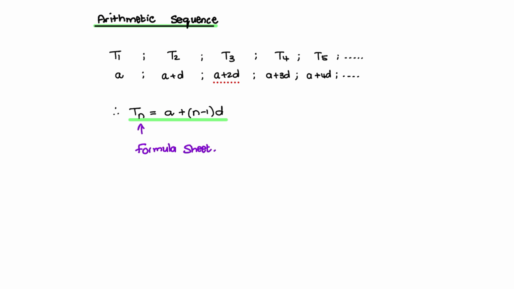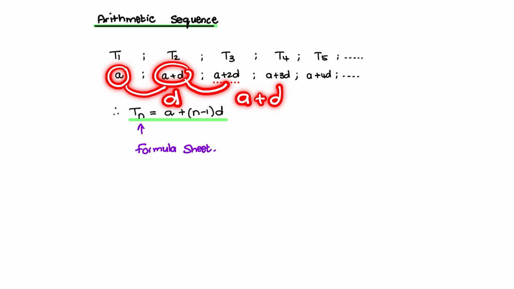But let's see, how do we move from term 1 to the second term? From 1 to 2, we have added D, the constant difference between terms. Then from 2 to 3, it's A plus D plus D. So to move to the third term, we need to add the constant difference again.